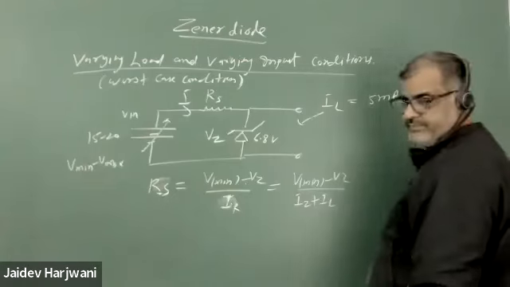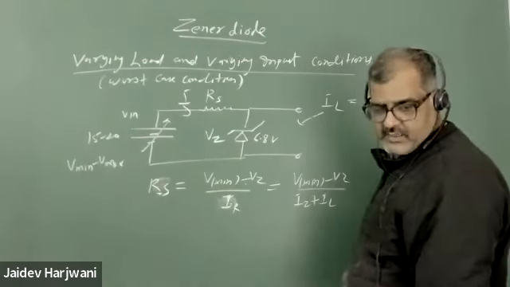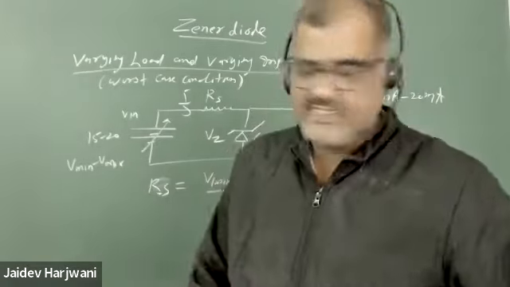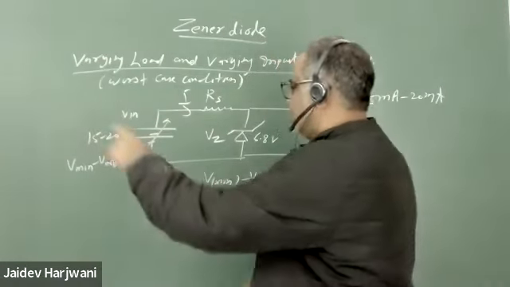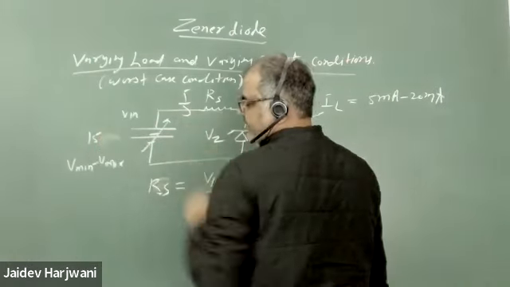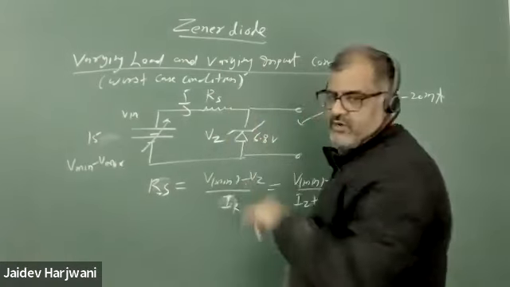Why have we taken only V minimum as input? One minute, I'm telling. We have to design the circuit. Suppose this is the worst case. In the first case, I have fixed this, and here I want this diode to conduct.